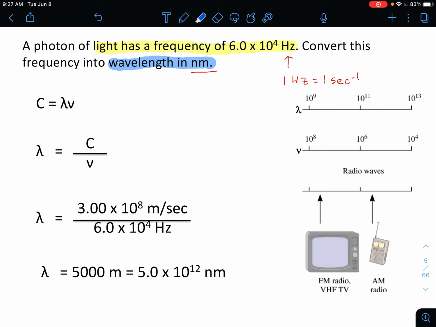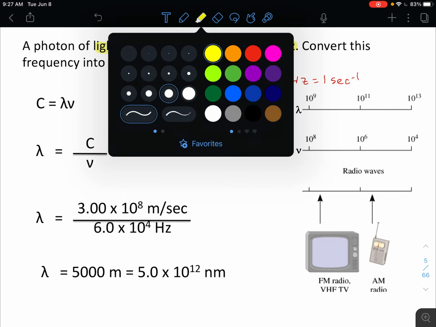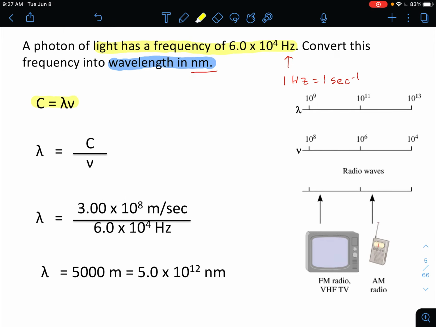Okay, so here's our equation, C equals lambda times nu. In this case, we want to solve for lambda, so we rearrange the equation to make it lambda equals C over nu. We plug in our values, 3 times 10 to the 8th meters per second, divided by 6 times 10 to the 4th hertz.